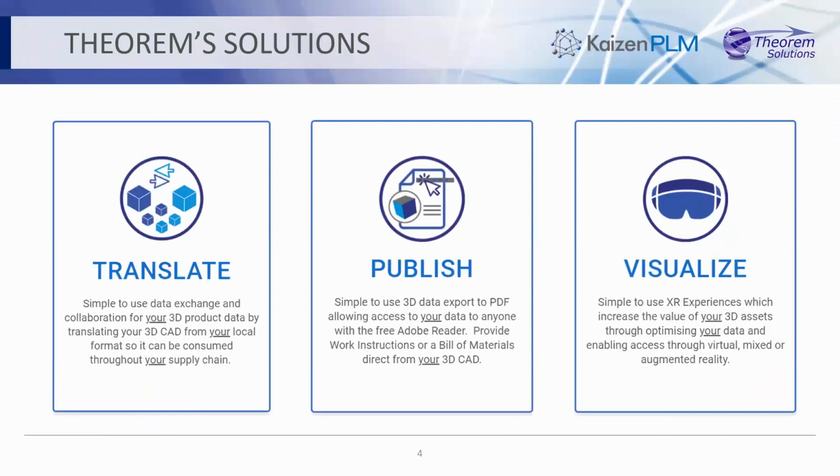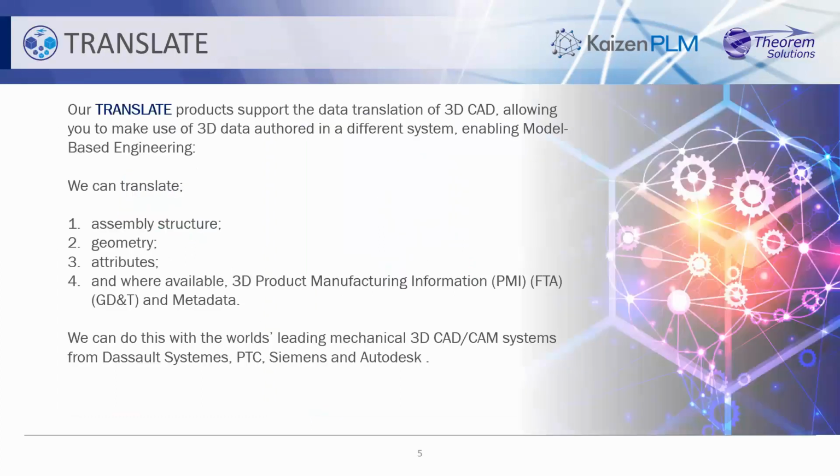So Theorem solutions, which we provide and that Kaizen can sell, fall into translate, publish and visualize. And I'll touch on translate and visualize briefly before focusing on publish, which is the purpose of today's webinar. So translate. Our translate products support the translation of data, predominantly 3D CAD, from one system to another or one format to another.